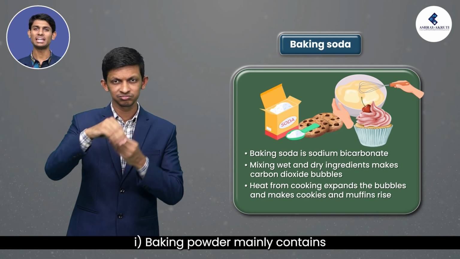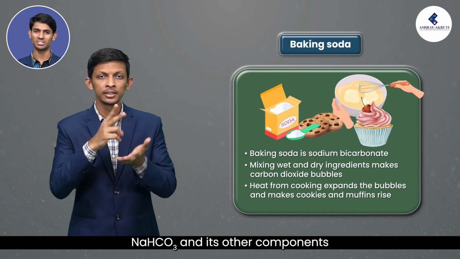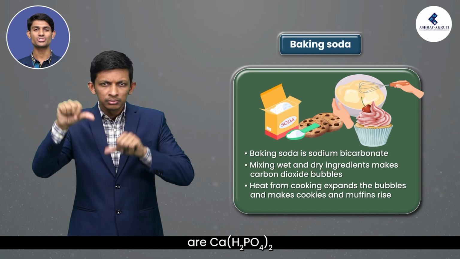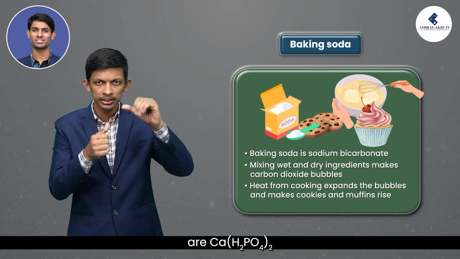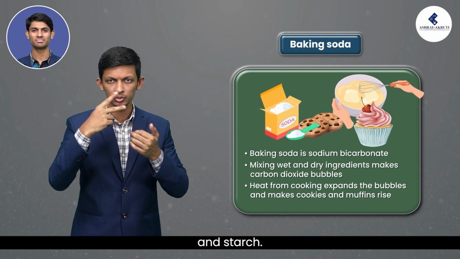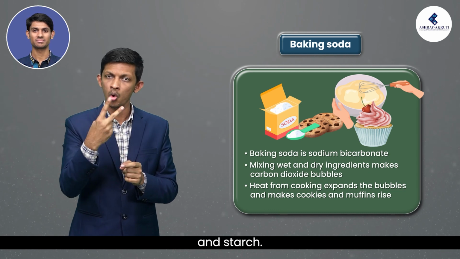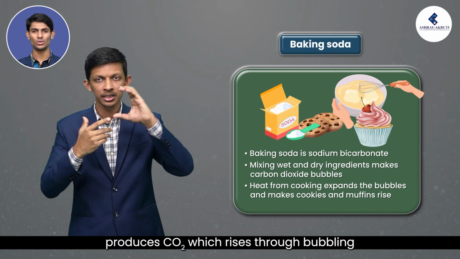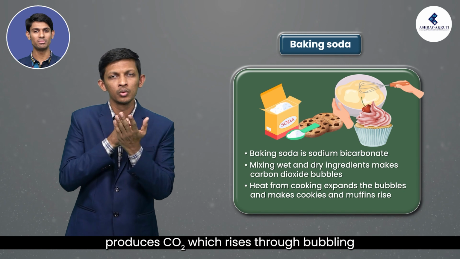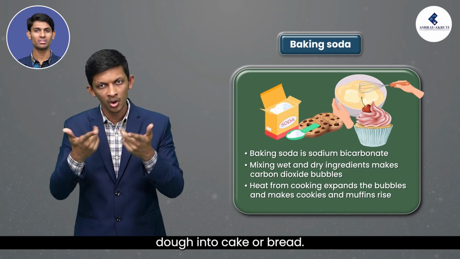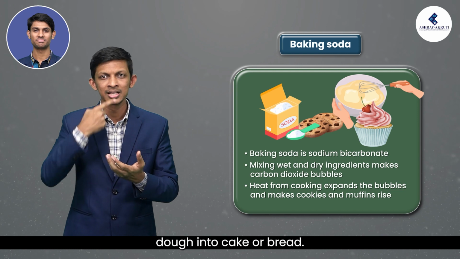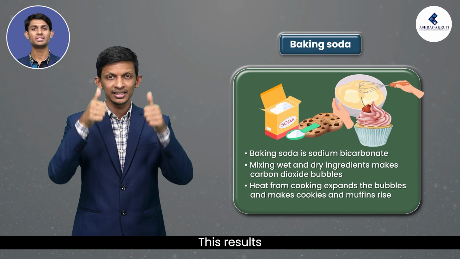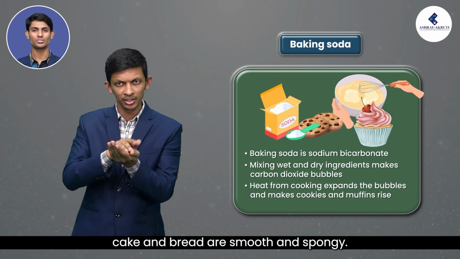Baking powder mainly contains NaHCO3 and its other components are Ca(H2PO4)2 and starch. NaHCO3 produces CO2, which rises through bubbling dough into cake or bread. This results in cake and bread being smooth and spongy.